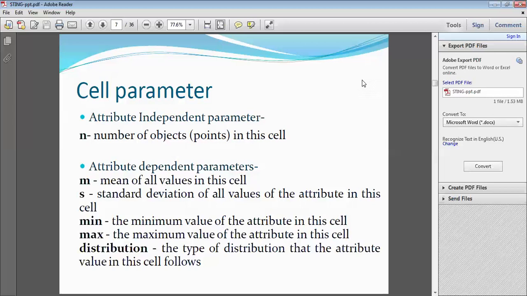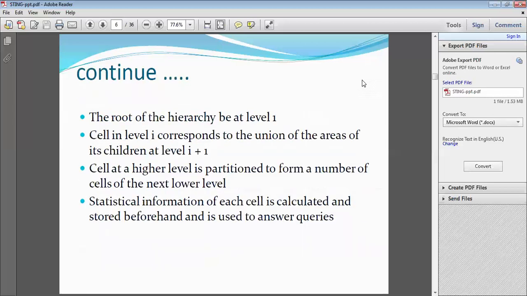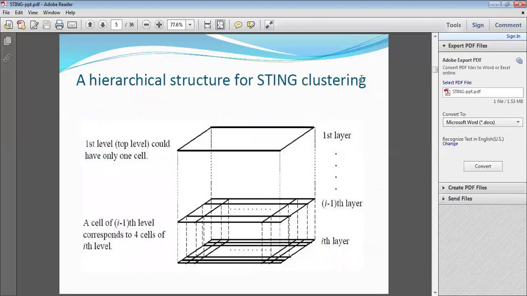I'm showing you that these statistical parameters are related to each other. As I have shown you in the diagram, in the bottom layer there are 4 grids corresponding to 1 grid at the I minus 1th layer. So if we want to calculate the parameters for the I minus 1th layer grid, then we can simply derive these values from the 4 grids lying parallel to it in the ith layer.